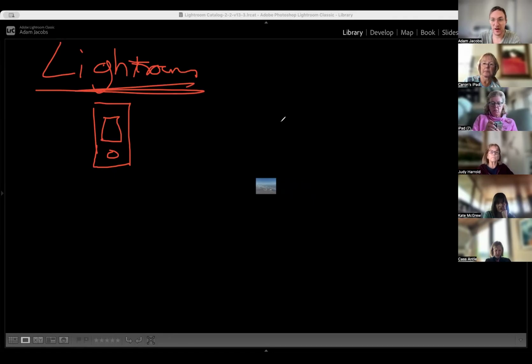Up until, and this is really confusing, up until 9 or 10 months ago, there was only one Lightroom. There was Lightroom and there was Lightroom. Pretty self-explanatory. You downloaded Lightroom on your computer, on your phone, on your iPad, and it was all the same. They had another version that they used to call Lightroom Lite, which was basically a really stripped down version of Lightroom that only had maybe 20% of the big program.